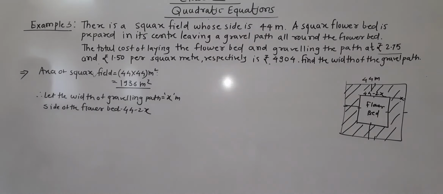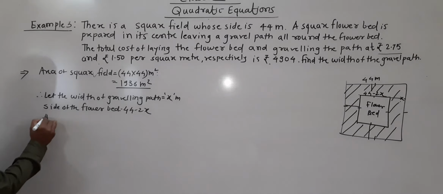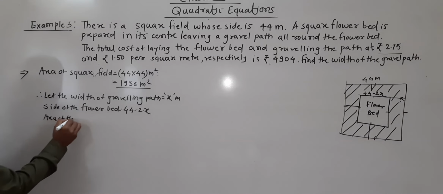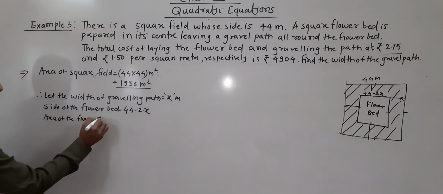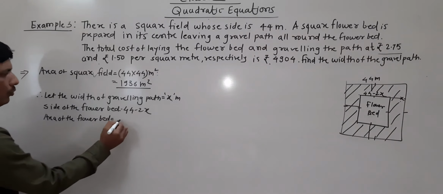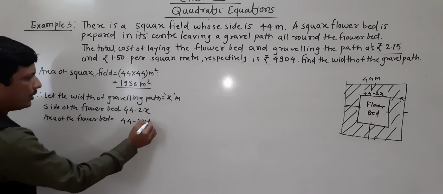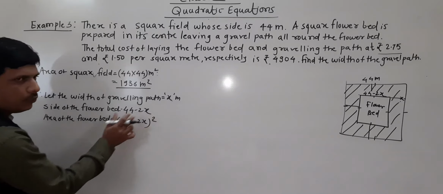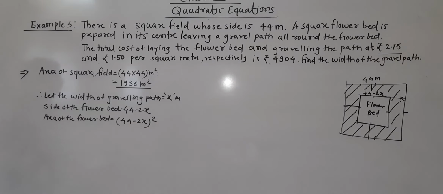So the area of the flower bed is equal to (44 minus 2x) into (44 minus 2x), side into side. That is the area of the flower bed.